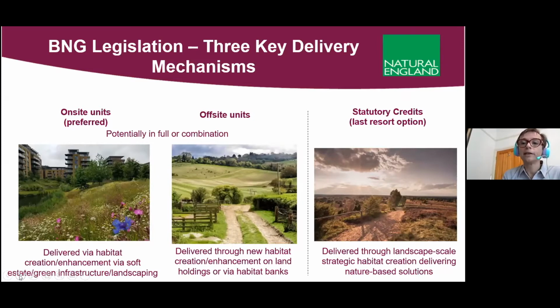And there are basically 3 ways in which it's expected that net gain will get delivered. The first, and probably the most significant, and the way that most net gain will in practice be delivered, is within the development site. That's through better quality green infrastructure and high quality landscaping, and that provides real opportunities to integrate nature into the development in a way that ensures those who are living or working near that development site can also benefit from that.